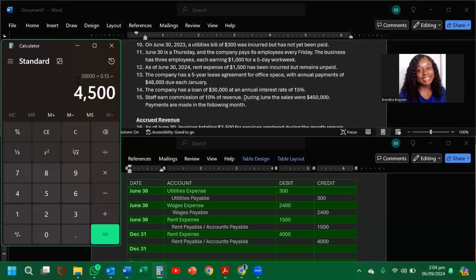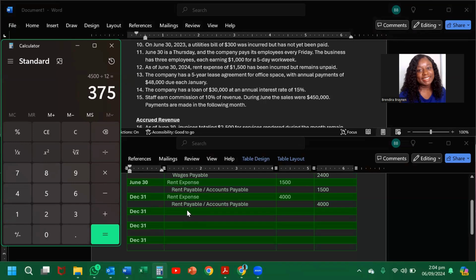For the year, that means this is the total amount of interest I would be paying. If I wanted to find out on a monthly basis, then of course I would have to divide that by 12 and I would get $375.